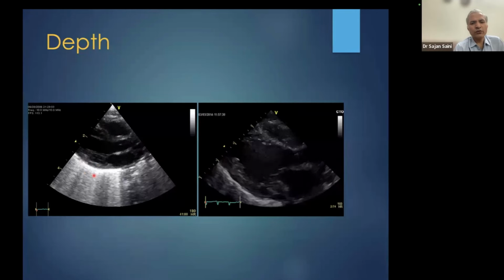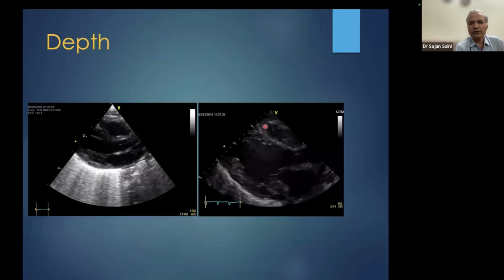If we want to study any particular object, for example the left ventricular diameter, the left ventricular diameter is only this much. But this area, you can understand, is the pericardium, and this area is practically useless. We are wasting the screen.